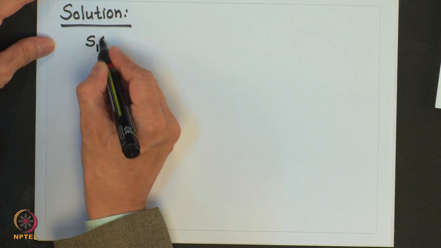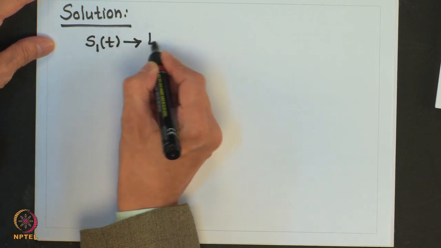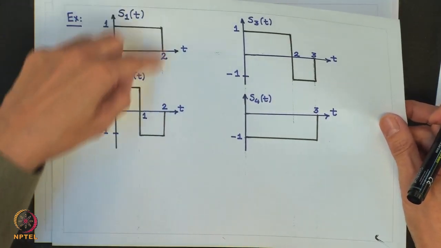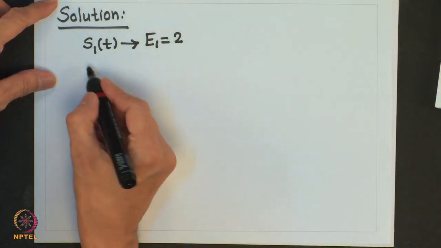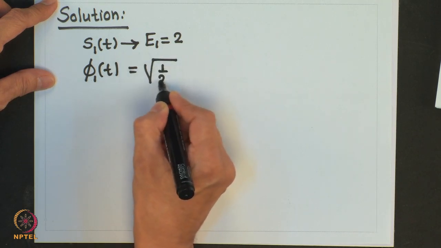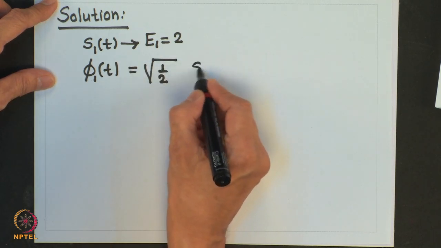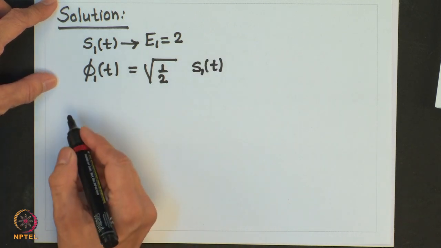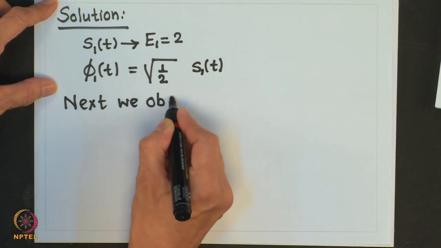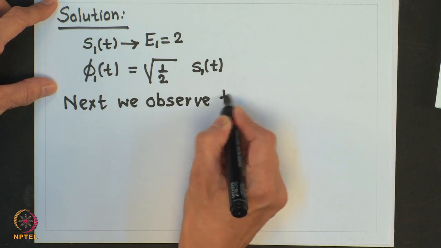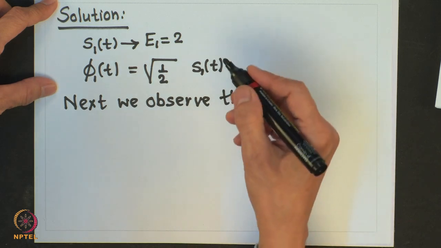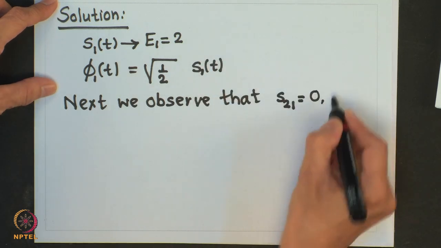So, for s1(t), its energy is equal to 2. So, my phi 1(t) is equal to 1 by root 2 times s1(t). Next we observe that s21, that is the projection of signal s2(t) on phi 1(t), is equal to 0.